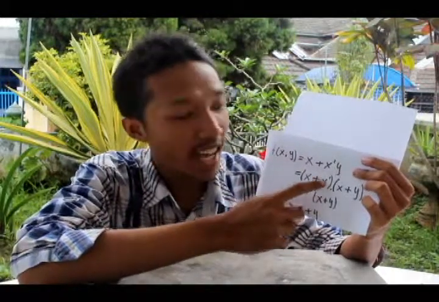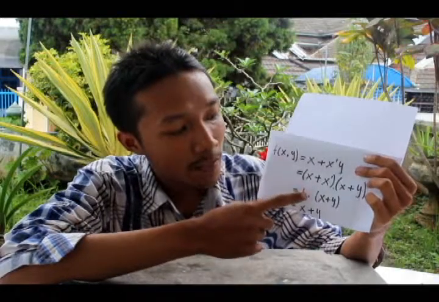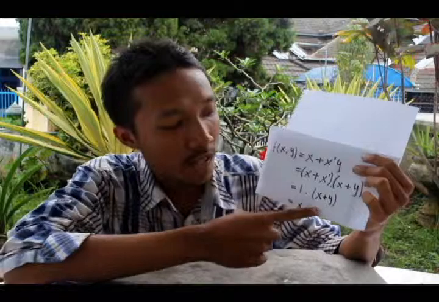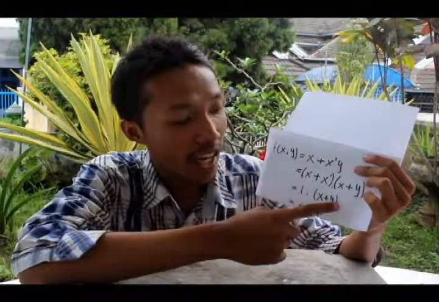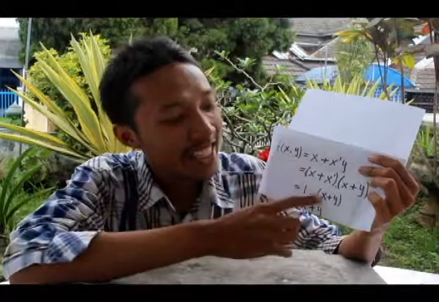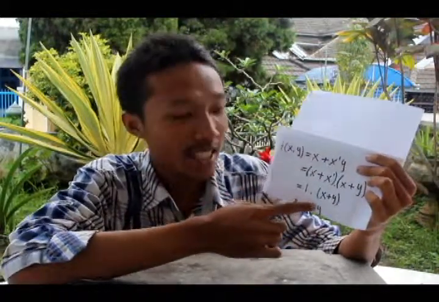Now 1 multiplied by x plus y equals x plus y, because x plus y multiplied by 1 is x plus y.